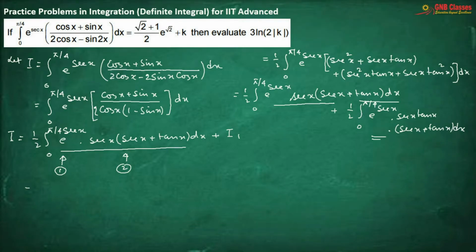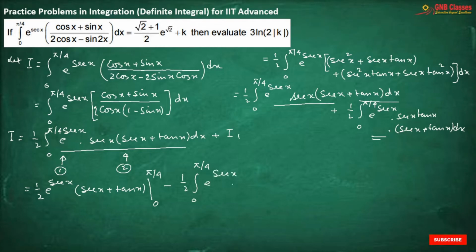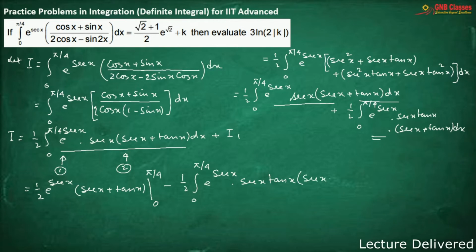Just now we have done the integration of sec x into (sec x plus tan x), which is nothing but sec x plus tan x only. The derivative of e to the power sec x is e to the power sec x tan x. And the integration of sec x into (sec x plus tan x) is only sec x plus tan x. Is it clear to everyone?